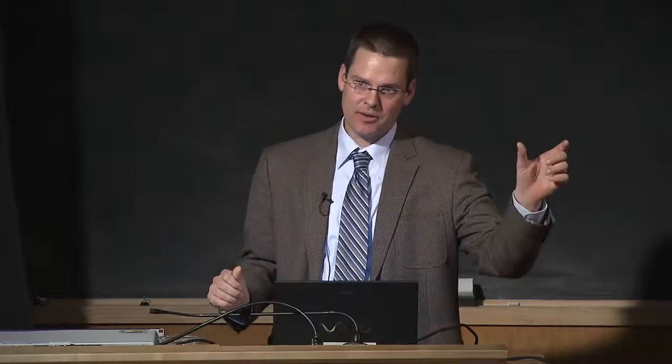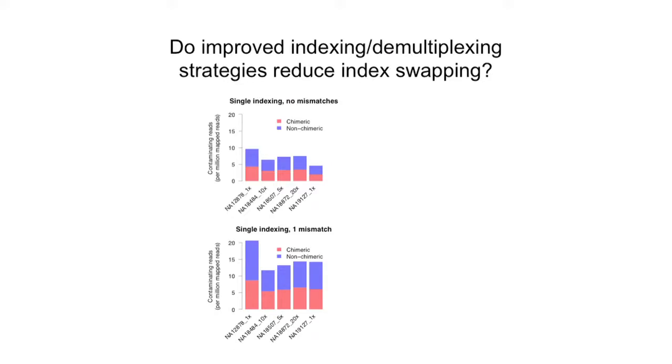So another question we had is, we tend to do single end indexing. So the library molecule, you just put the index on one end and you obtain that read. But recently, Illumina is moving to dual end indexing, and I think that's going to be standard for a lot of things. And so we wanted to know if that improves the crosstalk that can occur. So we designed a similar experiment.